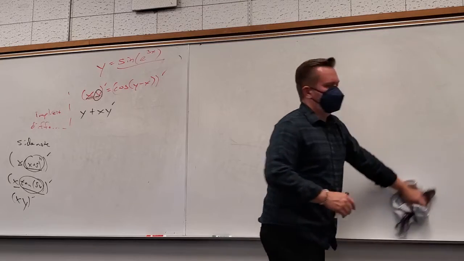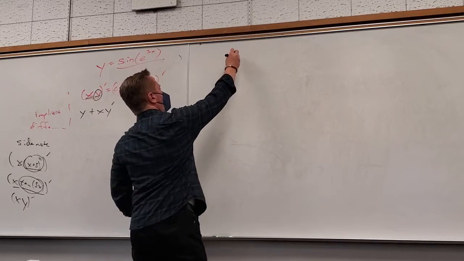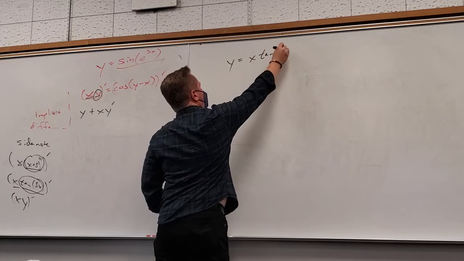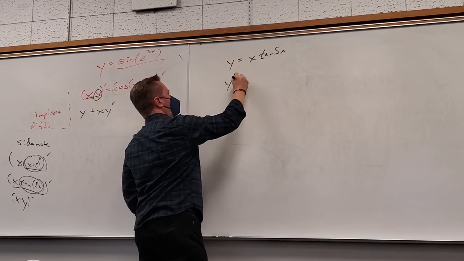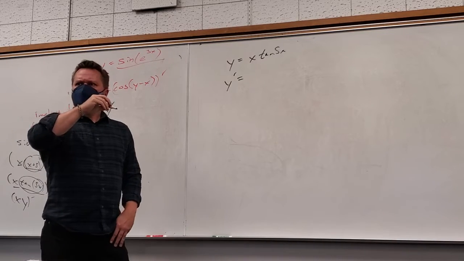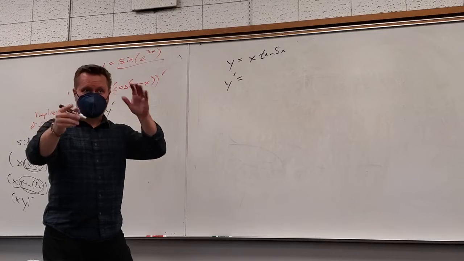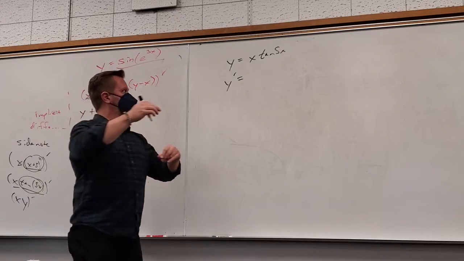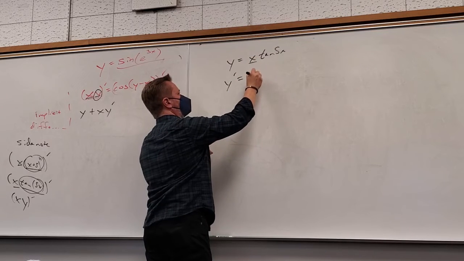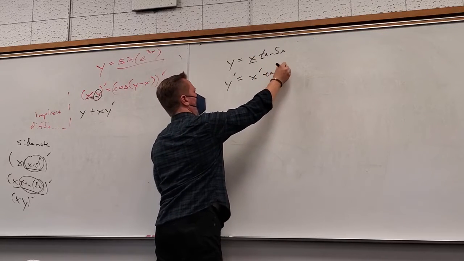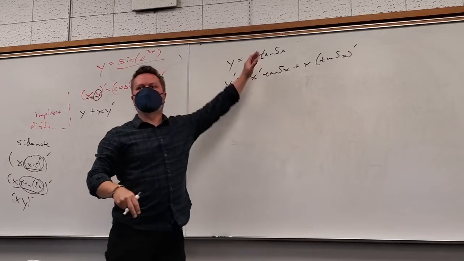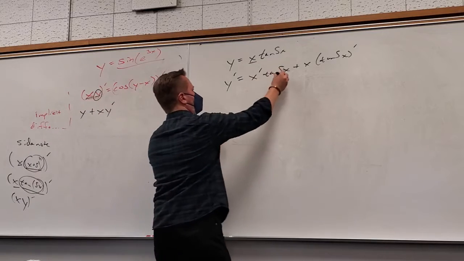All right. If my function was x tangent 5x, how would I do the derivative? Product rule, good. Let's write it all out. I do the derivative of x, tangent 5x, plus x, derivative of tangent 5x, and then I would keep going. I don't care about the rest of that.